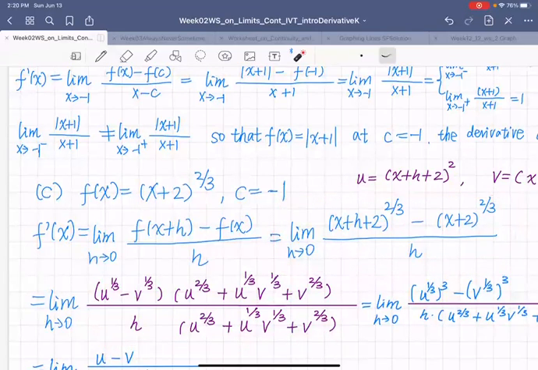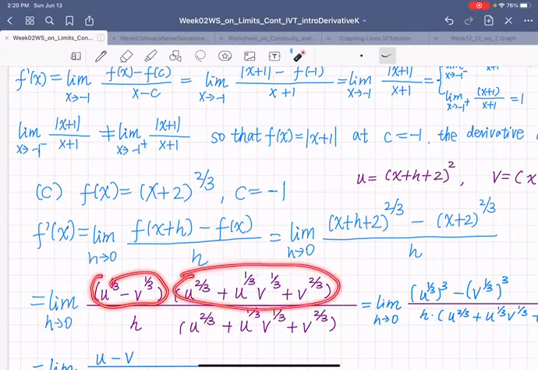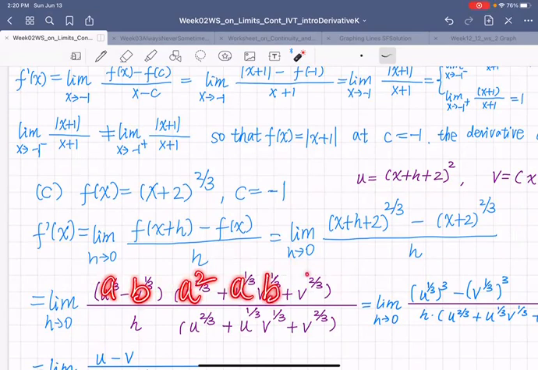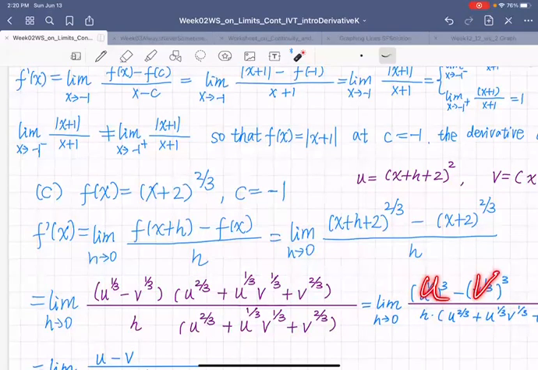Now I feel happy because look at this. How much is this guy times this guy? It's just u minus v, right? Because this is a minus b, this is a squared, ab, b squared, so this is a cube minus b cube. A is this, b is this, so this is u, this is v, correct?